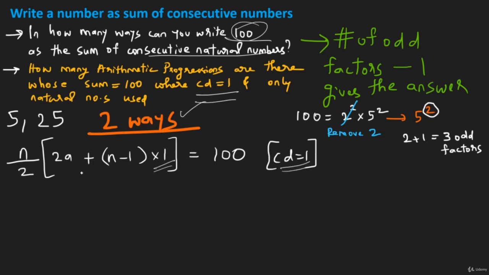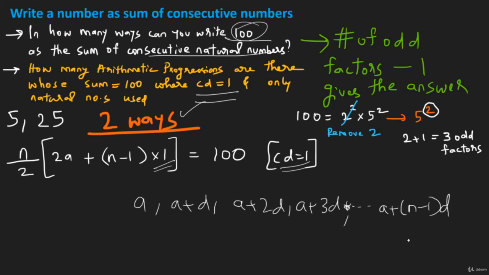Now as a side note, let me quickly write the formula of an arithmetic progression when you want to take the sum up to n terms. Now an arithmetic progression can be written like this: a, a plus d, a plus 2d, a plus 3d, etc., and the nth term is a plus n minus 1 into d. This is an example of an arithmetic progression.